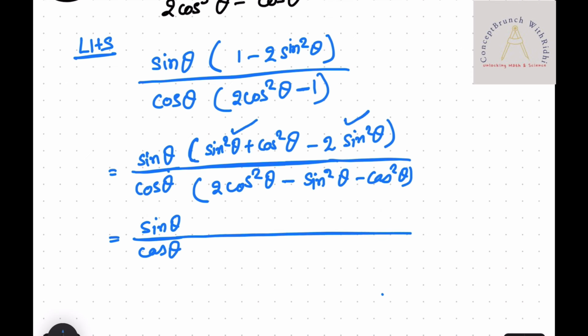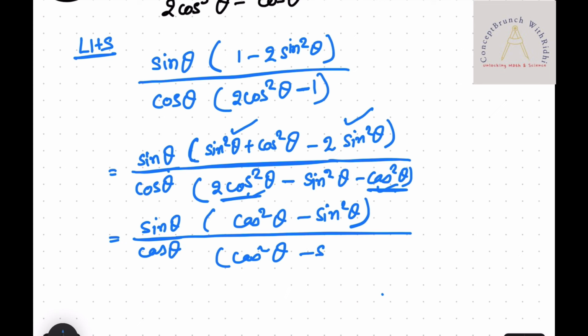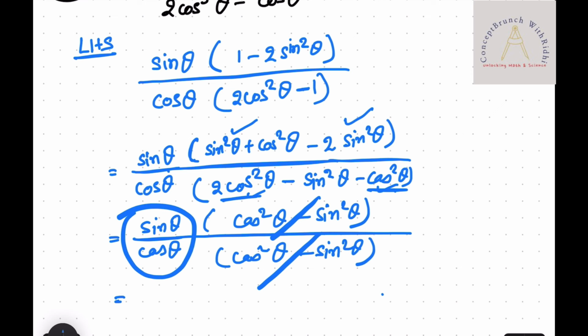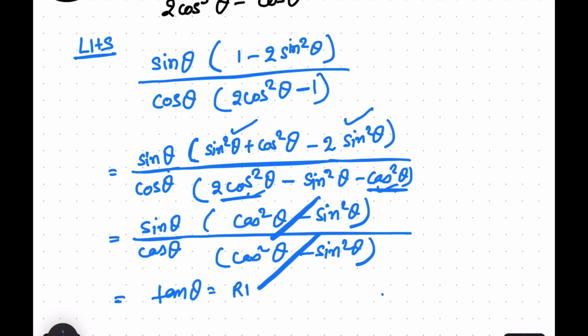Sin square theta minus 2 sin square theta will become minus sin square theta. Correct? Similarly, cos square theta minus 2 cos square theta minus sin square theta will become minus cos square theta... up and down it's the same, we can cancel out, right? So remaining is sin theta divided by cos theta. It will become tan theta, which is equal to our RHS.